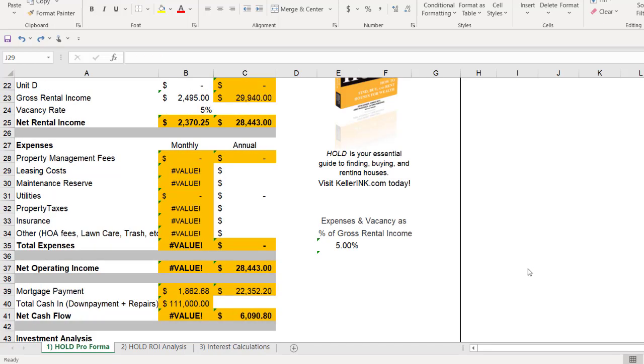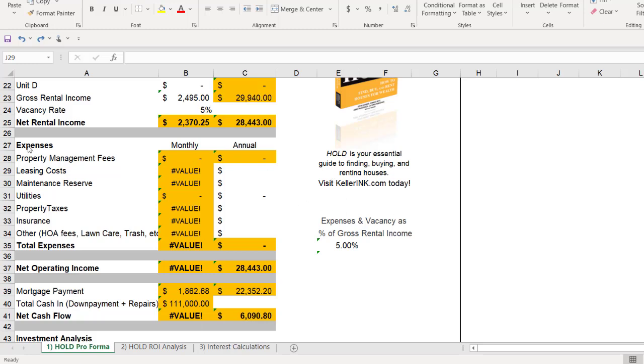Okay, so now let's take a look at the expenses. As I mentioned in the beginning of this video, you need to account for the expenses outside of just your monthly mortgage payment. There are quite a few required to operate a property. So it's really important to be aware of these up front, so that when you're analyzing a deal, whether it's an investment property or even a primary residence, you know exactly what you're getting into.